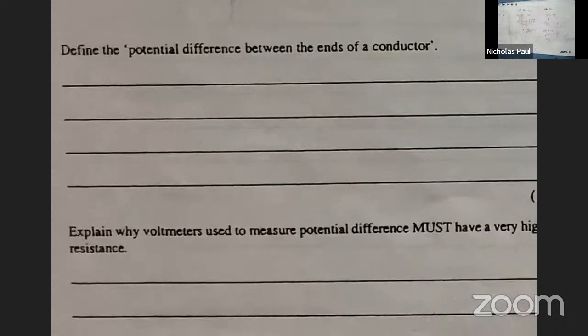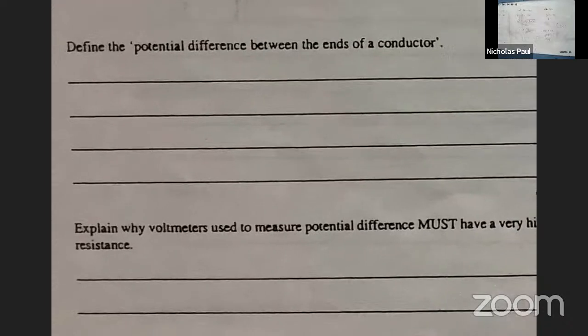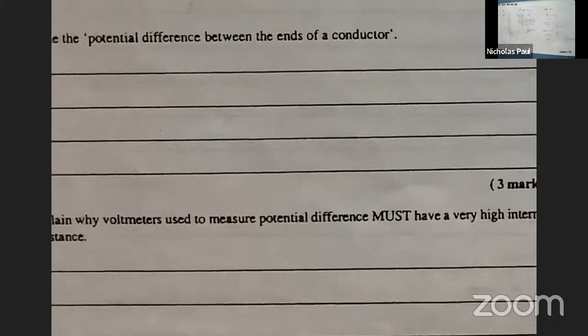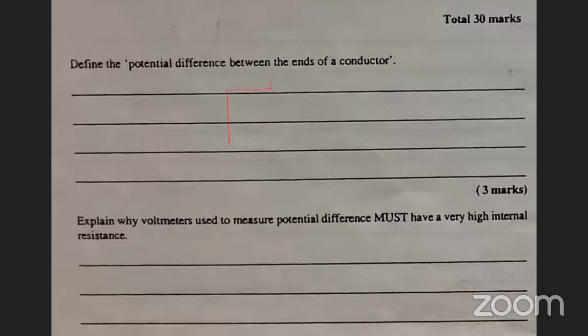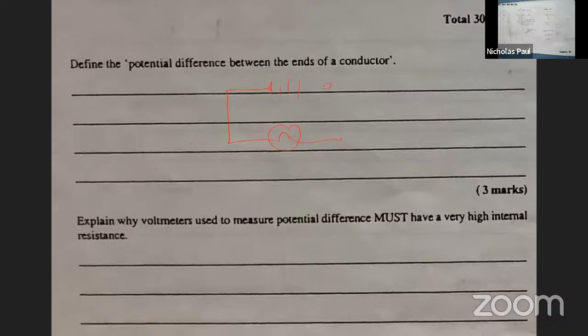Anybody remember this? Explain why voltmeters used to measure potential difference must have very high internal resistance. Anybody remember the answer? Why is the internal resistance very high?